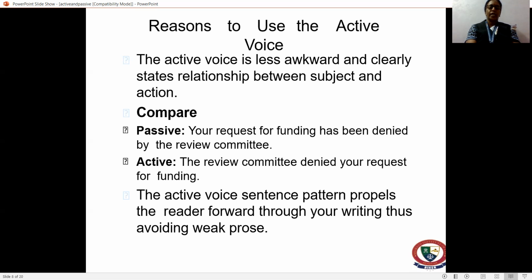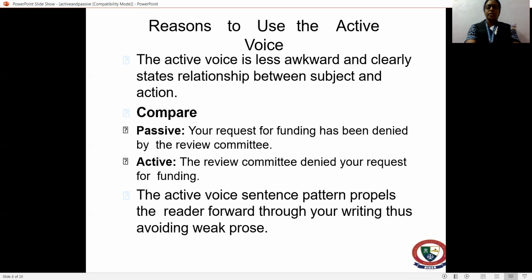But when it comes to the active voice form, on the first reading itself, we can easily, as I have said, identify the subject and also the action. And more than that, the actual meaning of the sentence can be very easily understood. It's very clear. So let us see the active voice sentence.